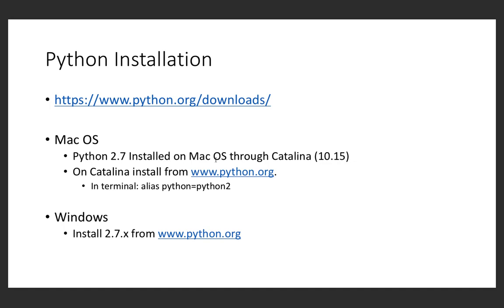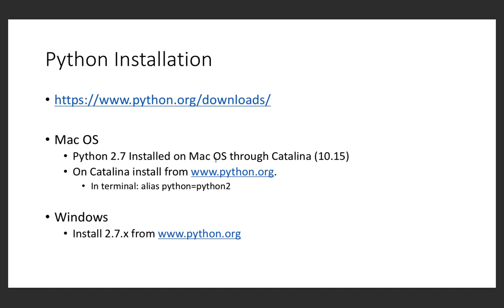The current version is 2.7.16, I think, and you'll need to install that version for it to work with Catalina, and you'll also need to point your Python alias to Python 2 instead of Python 3.